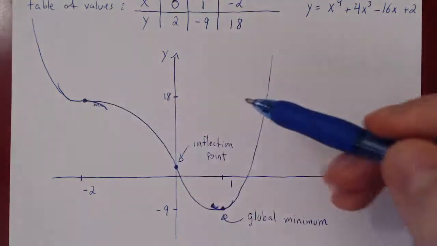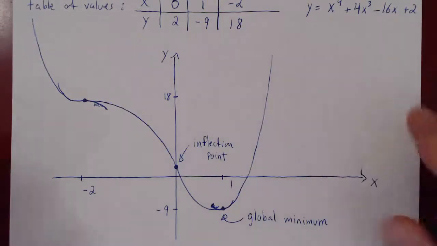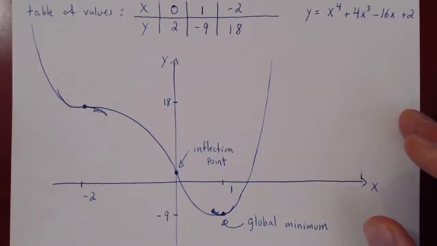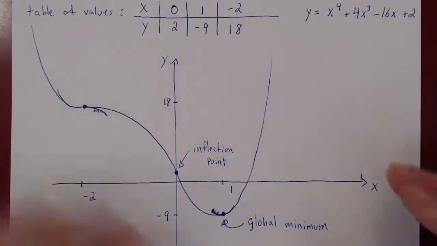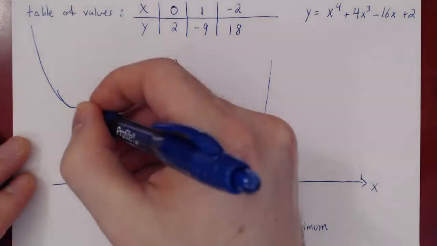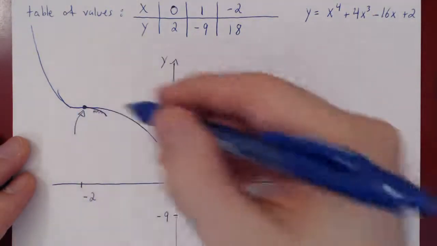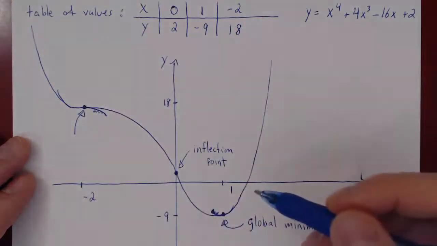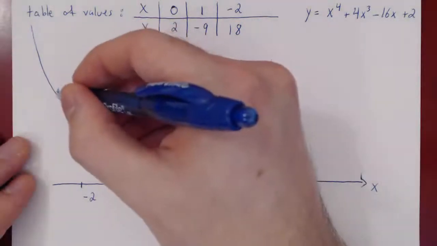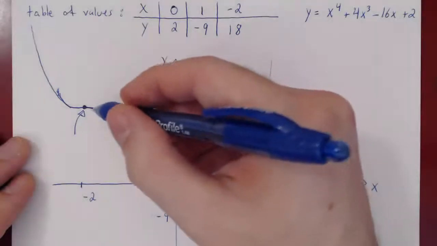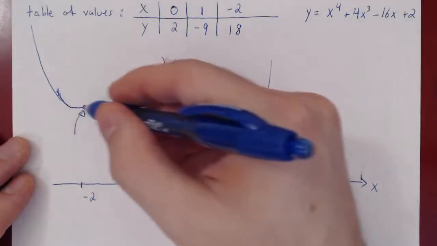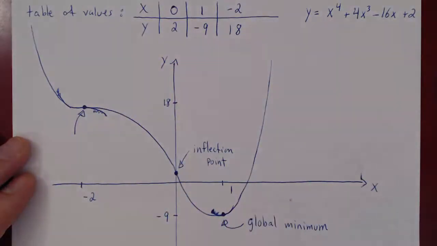And -2 was a very interesting point. It was simultaneously a critical and possible inflection point. So we know this is a critical point because at that point the derivative is 0, so the curve is flat. At that point the derivative is 0, so the curve is flat. It is neither a local min or local max, right?